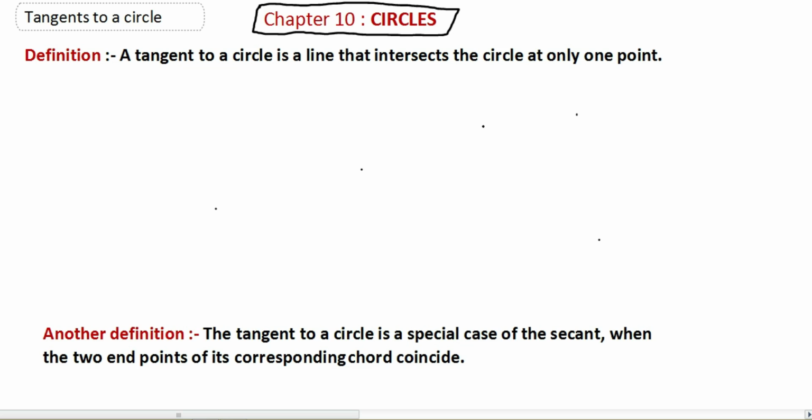Here in class 10, the first point we will discuss is the tangent to a circle. So what is called a tangent?